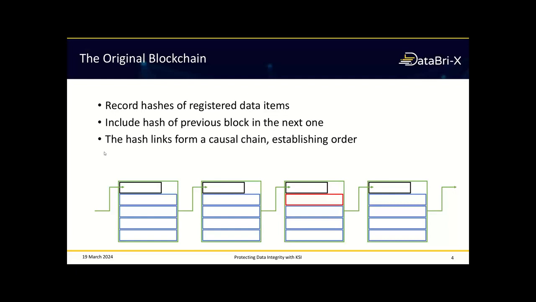And one problem with this kind of direct inclusion of all the data in the blockchain is that it does not scale very well. Either all the data or at least the hash values of all the data items that need to be timestamped need to be included in those blocks.